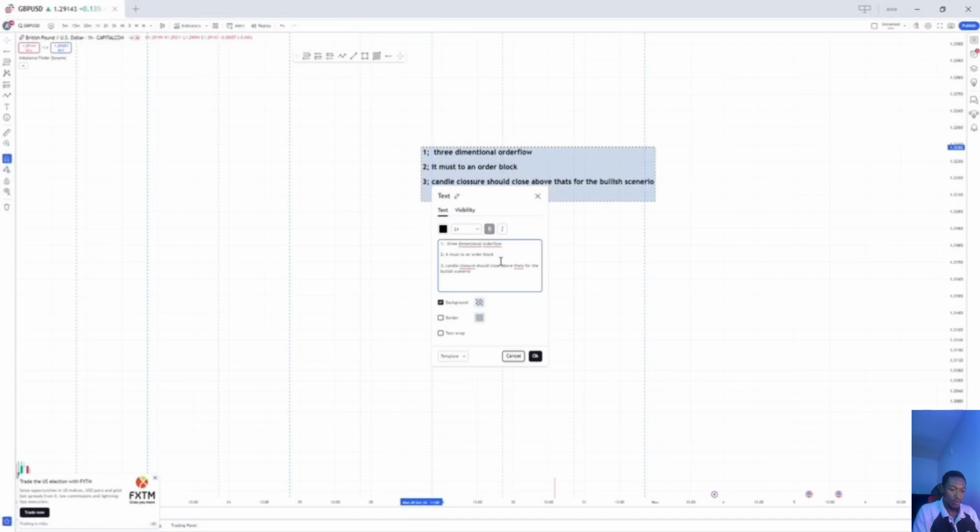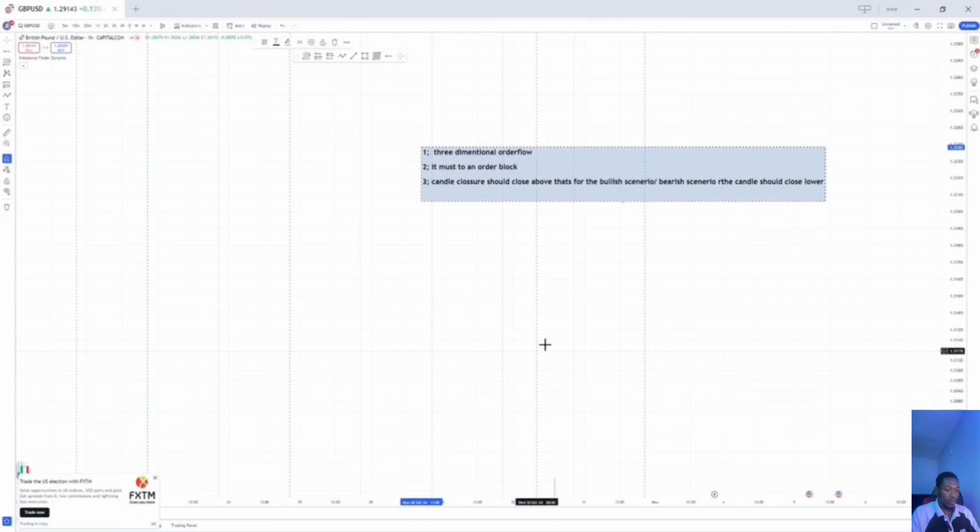While vice versa, in the bearish scenario, the candle should close lower. Okay, it is clear.